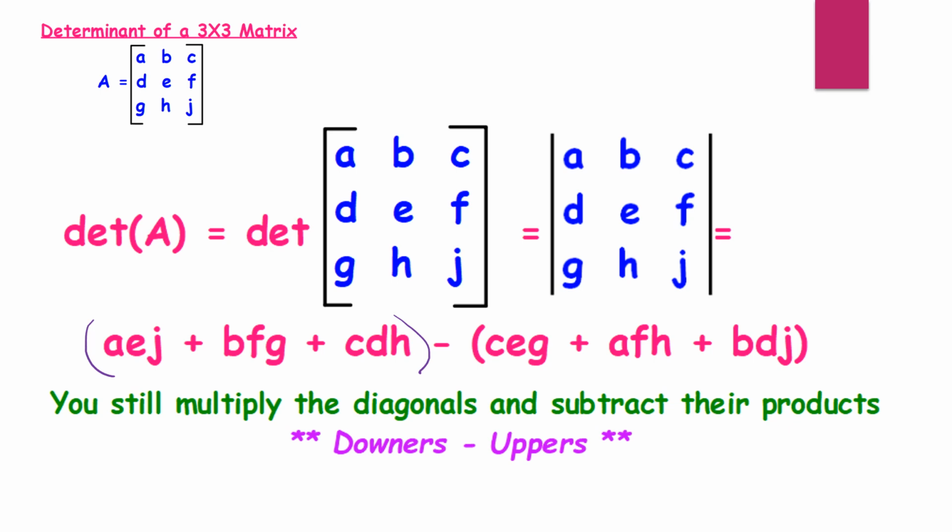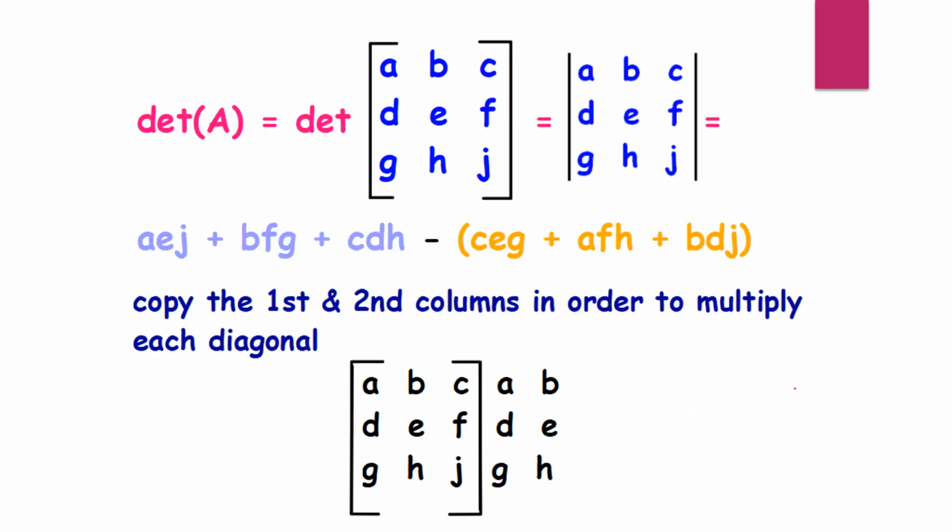These have all the letters that you would use, and I'll show you a way that we can do this to make a little bit more sense. So what we're going to do, this last note at the bottom, in order to get each of the variables included, is actually recopy column 1 and column 2 on the outside of the matrix.